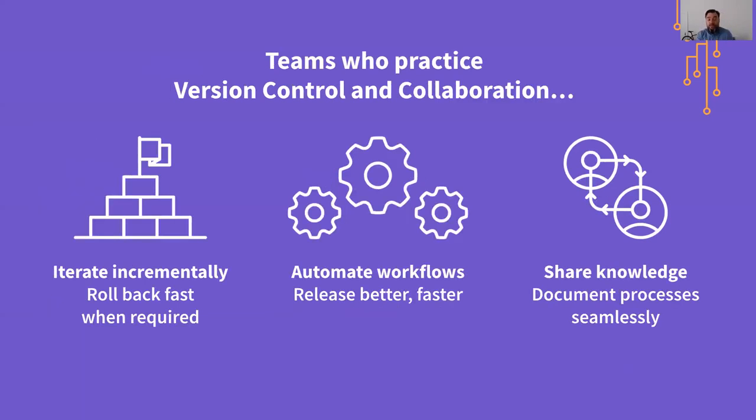And eventually, the companies that adopt these best practices and have the tools that enable them will make changes to the code base and to their IP incrementally, which will allow them, in case of making a mistake, to roll back easily. They can automate workflows as soon as the workflow has been done a few times and some parts can be automated.